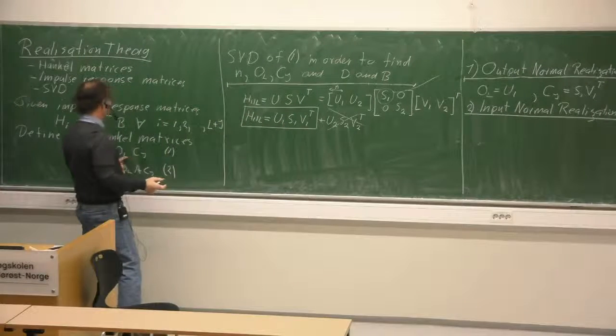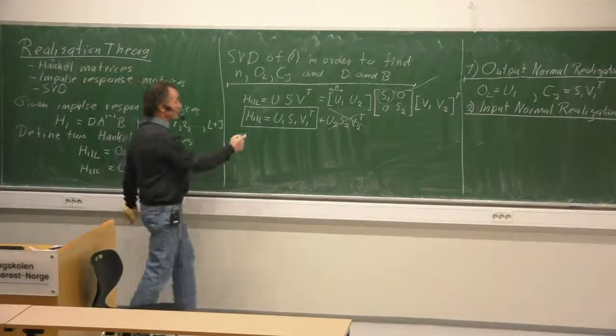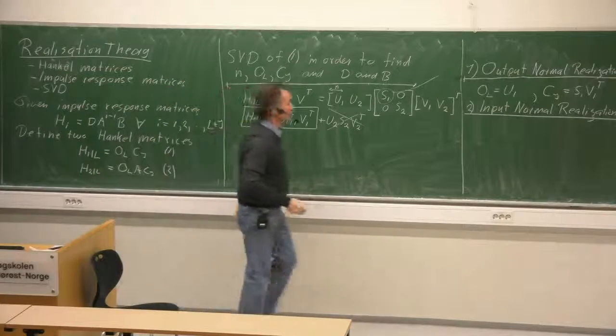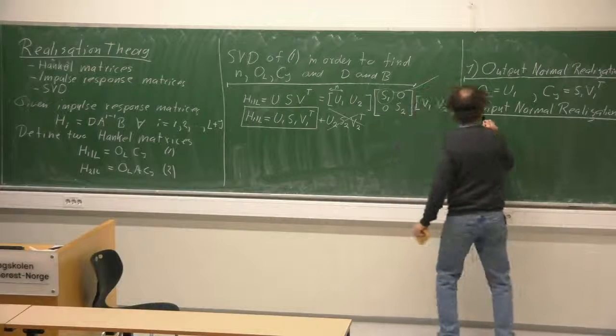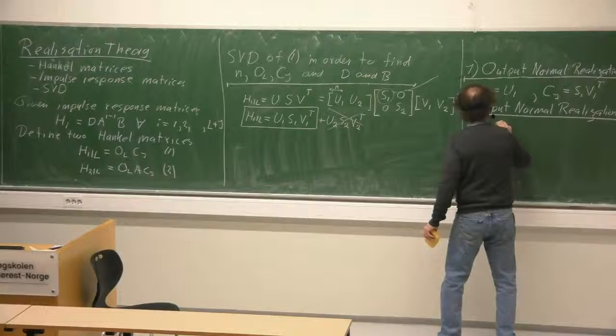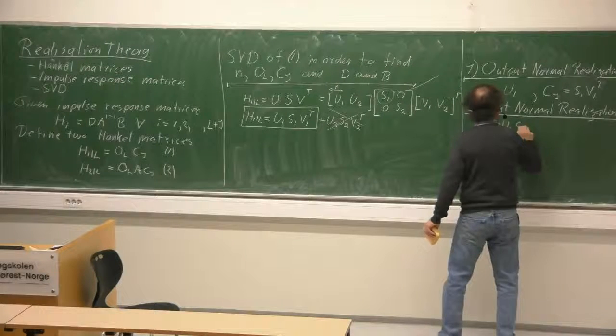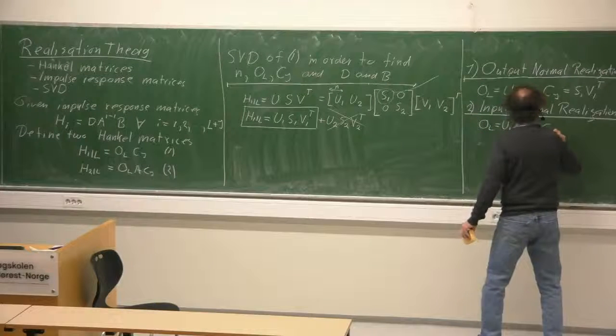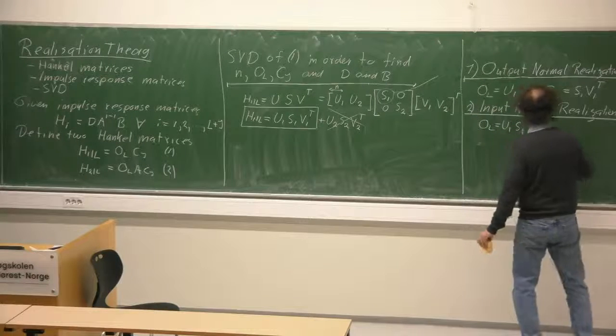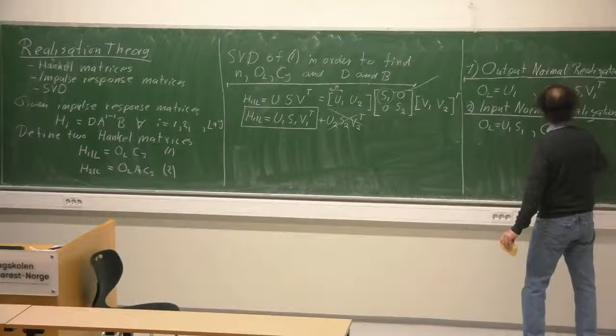Then the observability matrix would be U1 S1. This gives the so-called input normal realization.